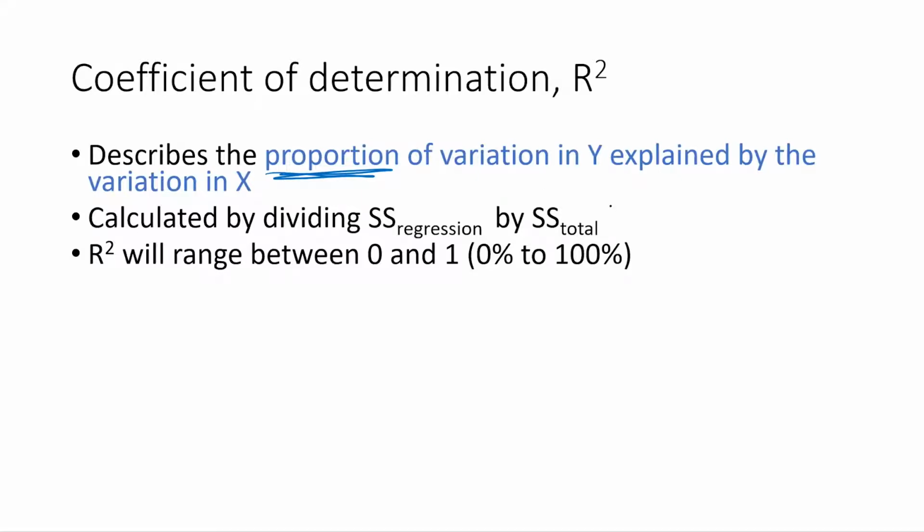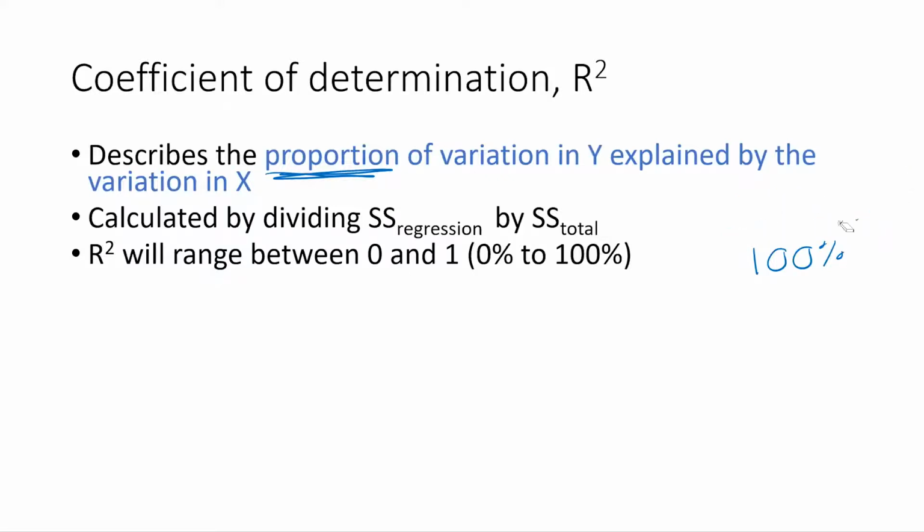If, literally, like 90% out of 100%, if 90% of our data is explained by the regression compared to the total, total is 1 or 100%. That means that our R squared is like 0.9.